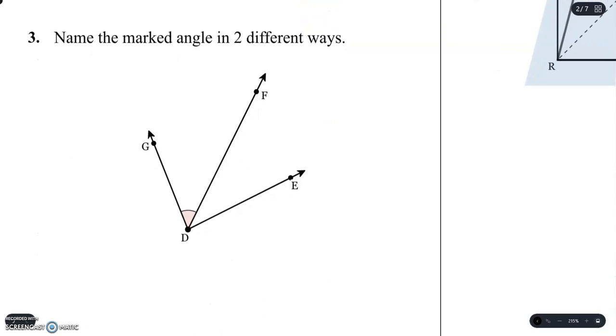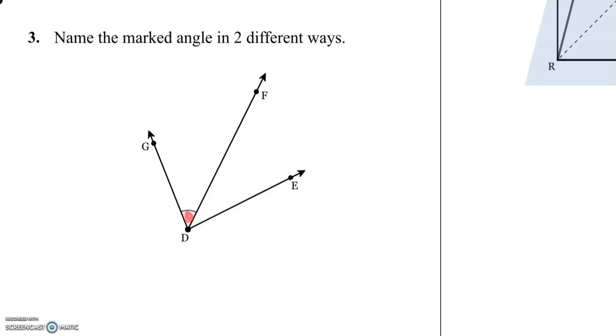All right, here it says name the marked angle. So here's the angle right here. And it says name it in two different ways. So earlier I was talking about how you can name it with the vertex where these lines meet, but on this one you can't. So I can't call it angle D because then I don't know which angle I'm talking about.